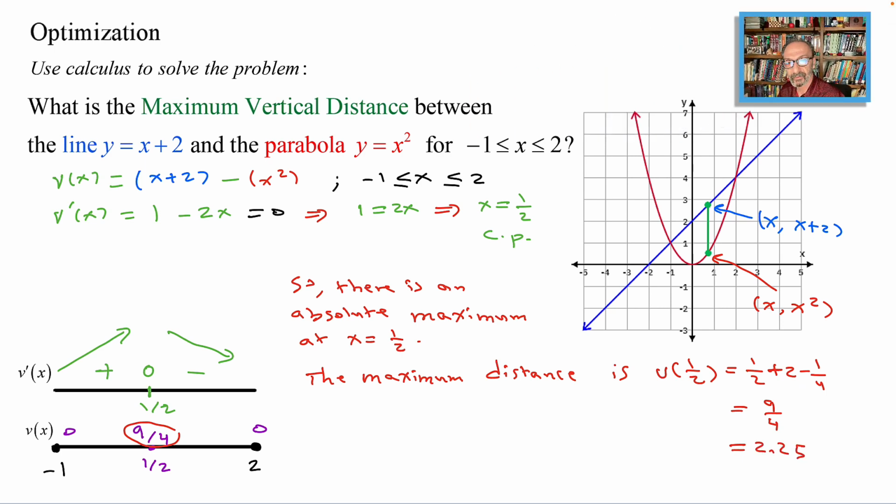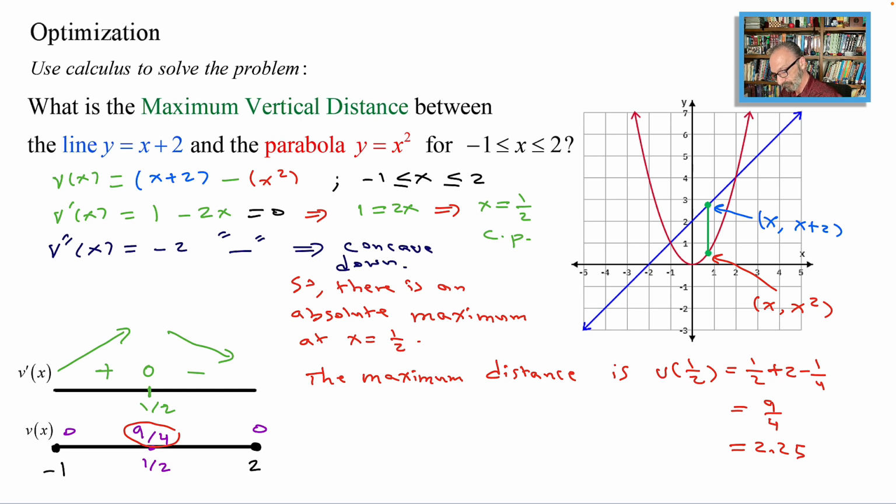Another way to do it is the following. V double prime, the second derivative, is -2, which means it's negative. Negative means concave down.